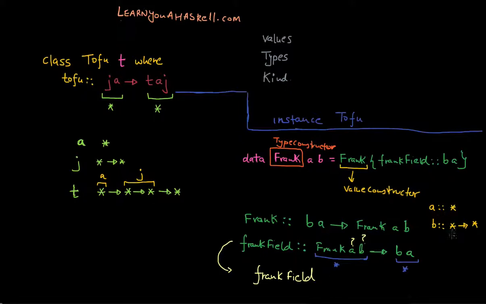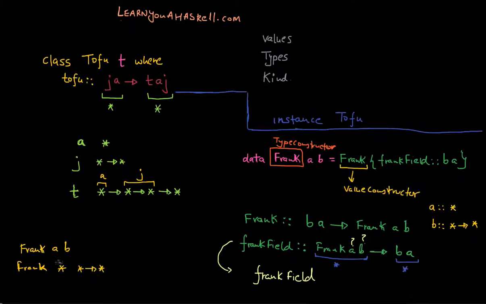Knowing A and B, I can now say that this is Frank of A and B. Frank is acting as a type constructor that takes in as an input this star, which is my A. It then takes in another parameter B, which is this star to a star.